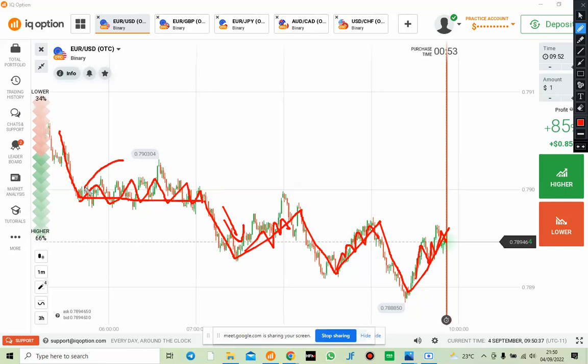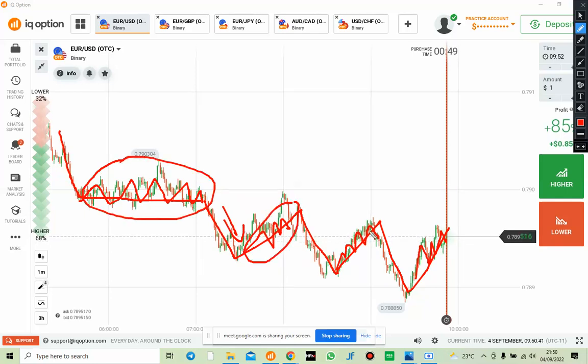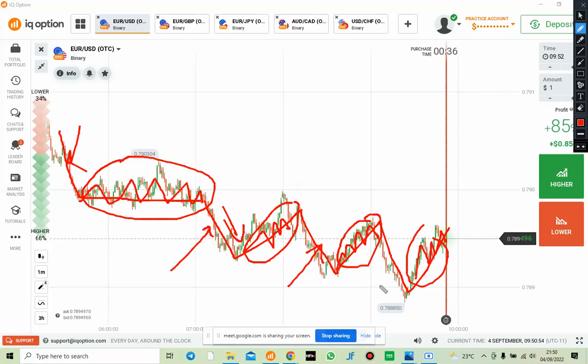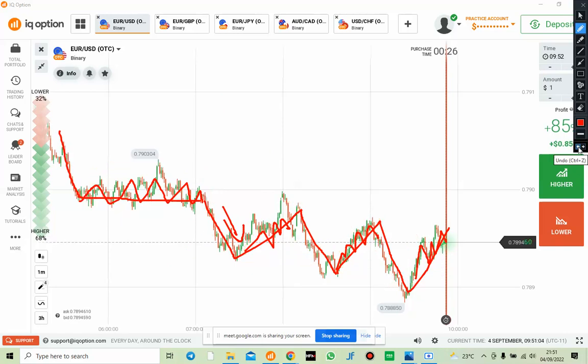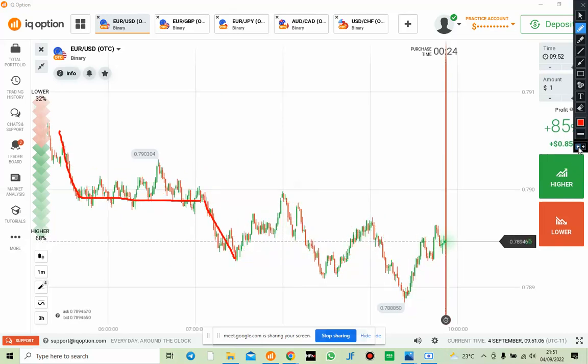All this consolidation is what we call correction. Then all this movement is what we call the impulsive move. The price is going down, making correction, going down. So that is how we identify a trending market.